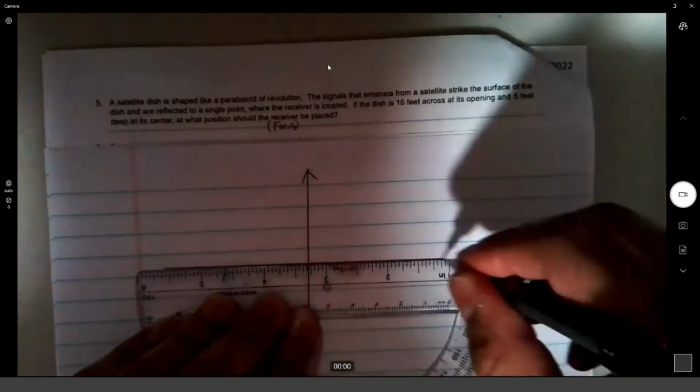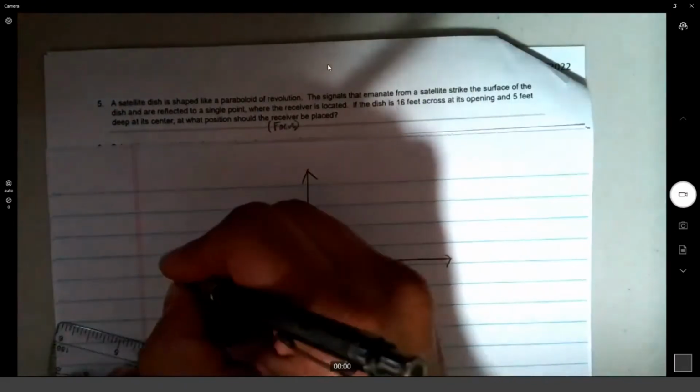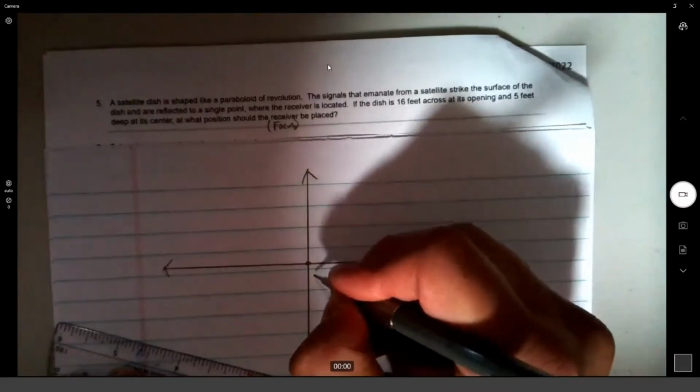So the strategy for this particular example is that this dish can be simulated with a parabola. So we're going to give ourselves a parabola, not just any parabola, but a parabola whose vertex will be at 0, 0.